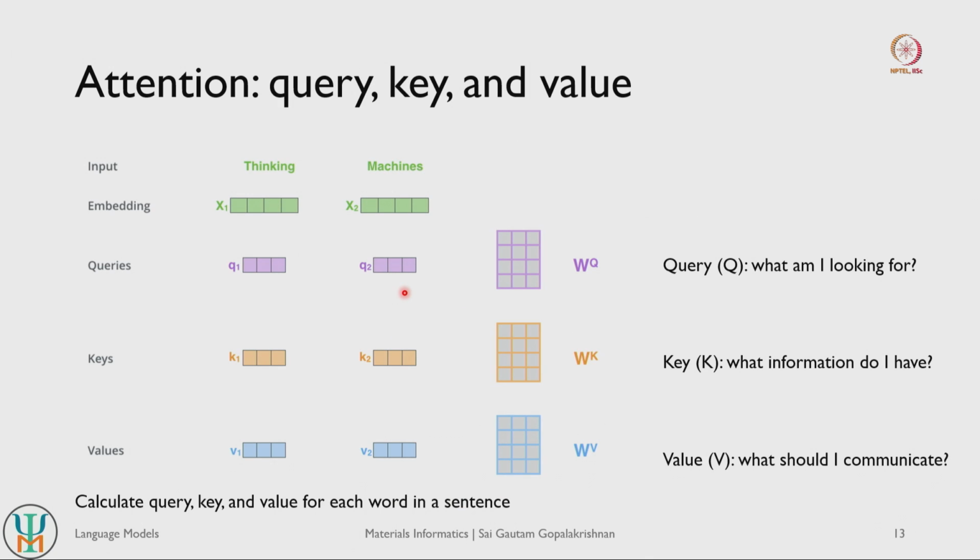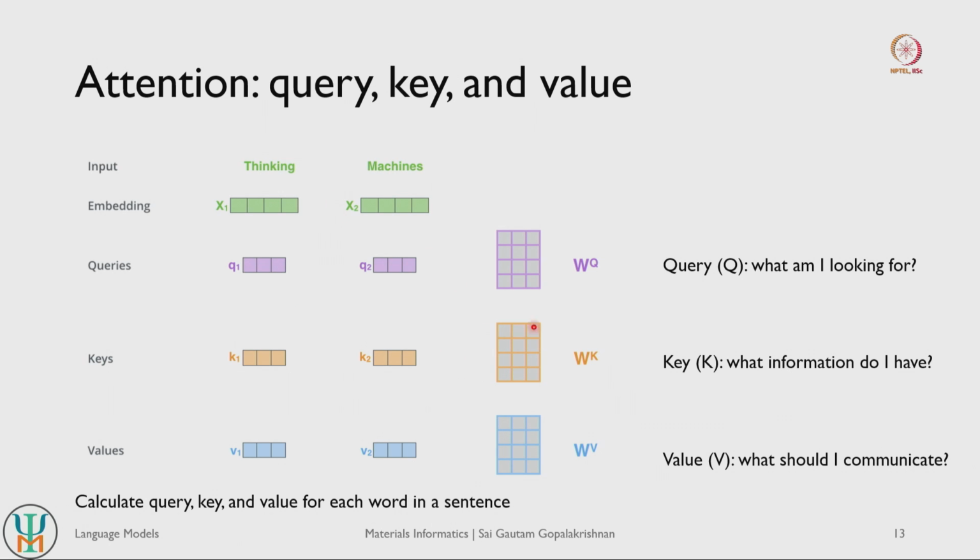So how does attention actually work? It works on simple, again, mathematical operations, and it uses 3 key variables called query, key and value. If you multiply your input embeddings of a given word with your query matrix, the resultant vector that you get is your query.